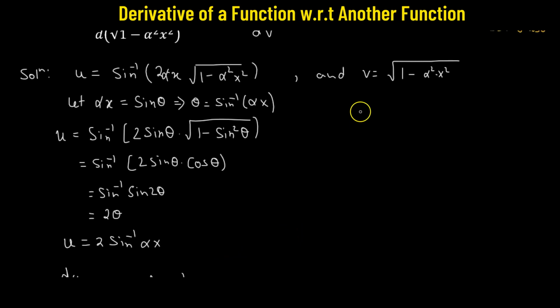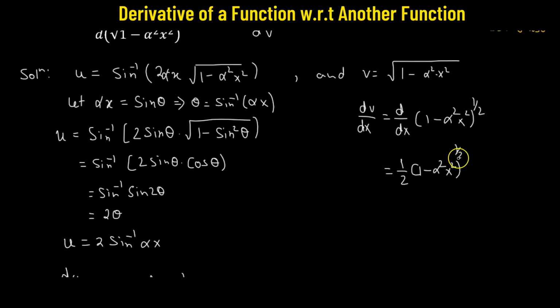Now we will take the derivative of v. The derivative of v with respect to x will be equal to the derivative with respect to x of 1 minus alpha squared x squared, whole raised to the power of half. So we convert the radical to its exponent form, and we can use the power rule to get half multiplied by 1 minus alpha squared x squared, whole raised to the power of half minus 1.